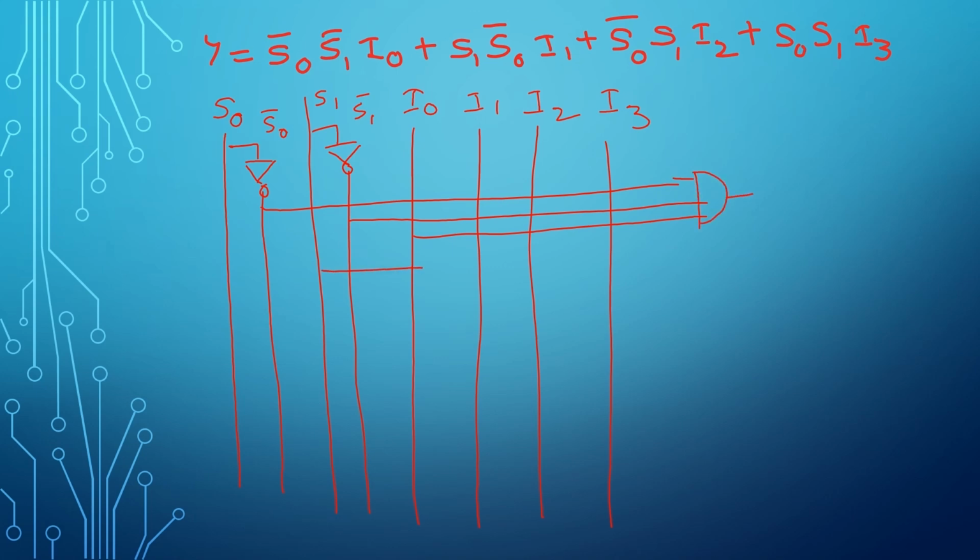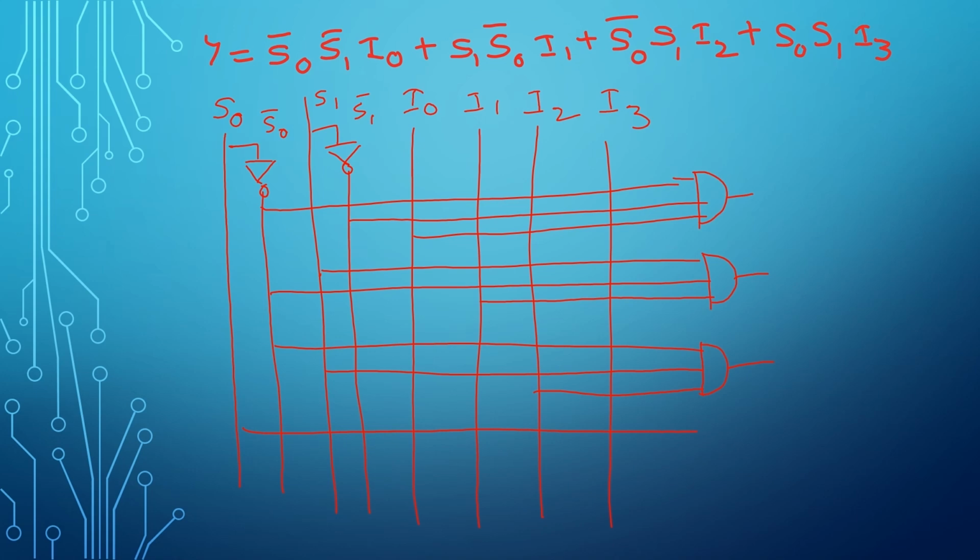And what is the second min term? S1 bar, S0 bar and then I1, and these three are connected to another AND gate. The third multiplication term, S0 bar, S1 and I2 are connected to another AND gate. And what is the last min term?